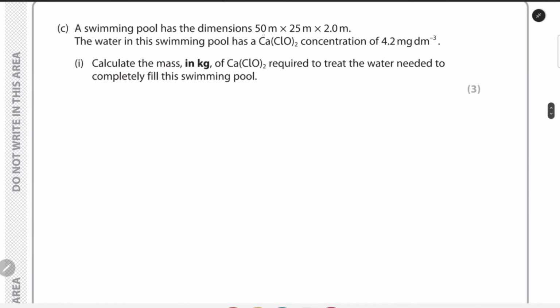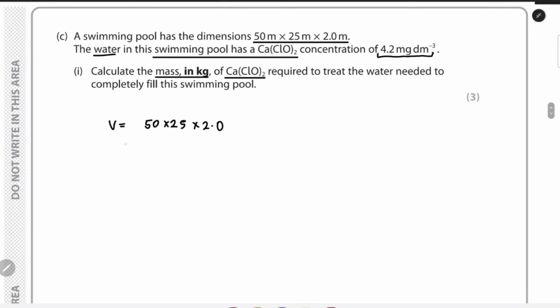Now in part C, we are given the dimensions of a swimming pool, and we are told that the water in the swimming pool has calcium hypochlorite at a concentration of 4.2 milligrams per dm cube. We have to find the mass of CaClO2 in kilograms. Firstly, we need the volume of the swimming pool. This would be 50 times 25 times 2.0 meter cube, which is 2500 meter cube. The concentration is given in milligrams per dm cube, so I'll convert this into cubic decimeters.